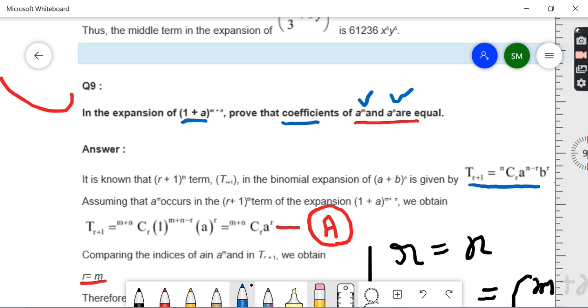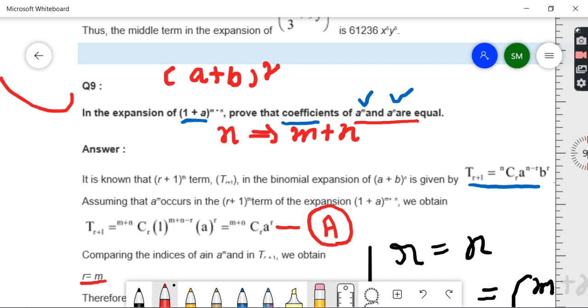Now in the expansion, once again, if you notice, power n is equal to m + n. Remember, both n are not equal, I am just writing for the sake of comparison with our original formula, (a + b) raised to n.